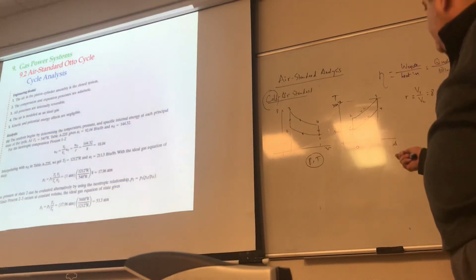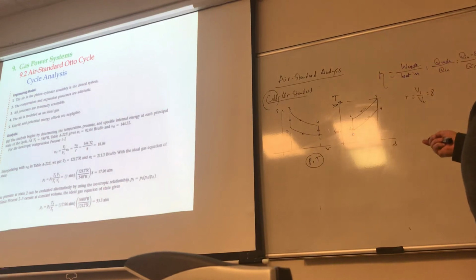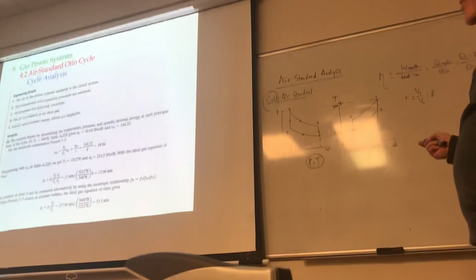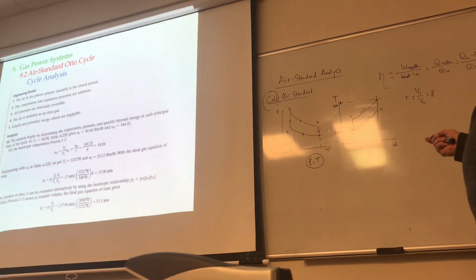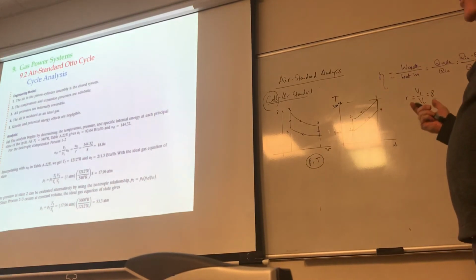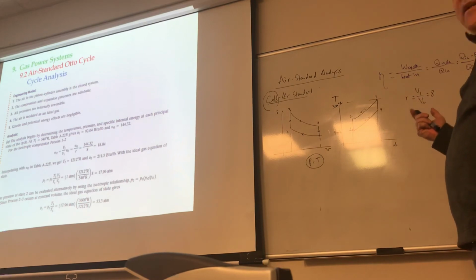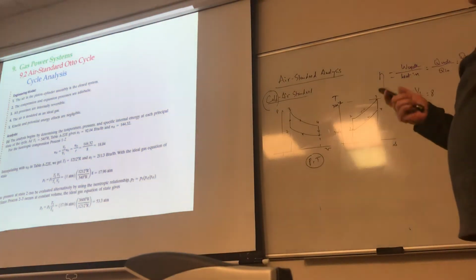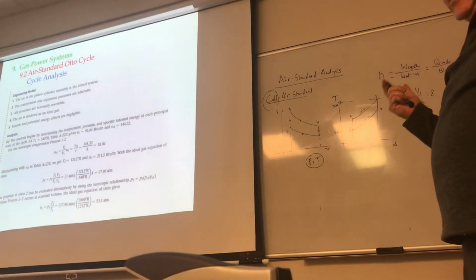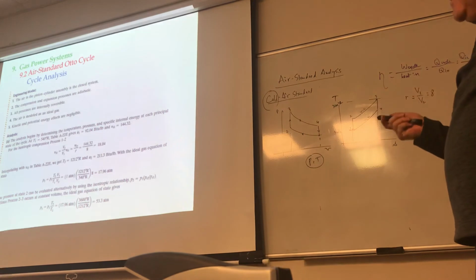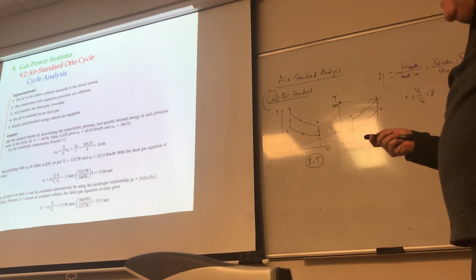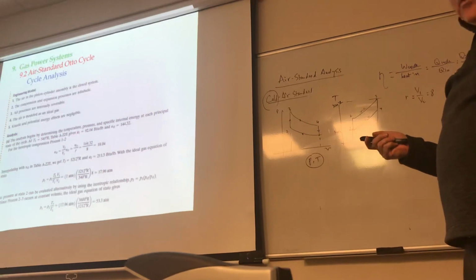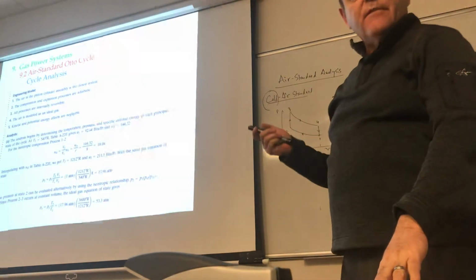You always start from state number 1. What's given by state number 1? Do you agree that the temperature is already known? 540, it's given. So what do we need to determine? We need to determine the pressure and the value of u. Remember, everything is a function of just the temperature.